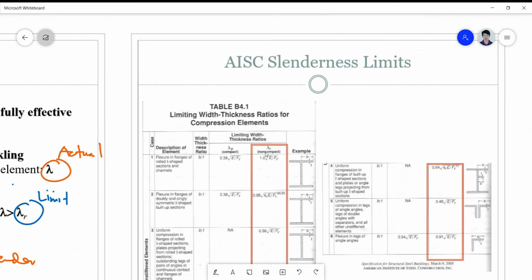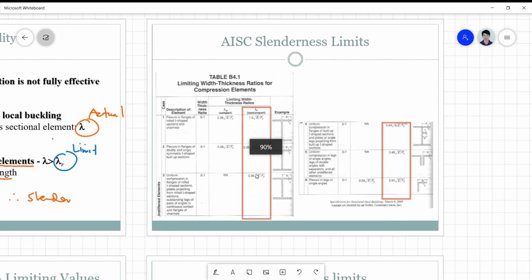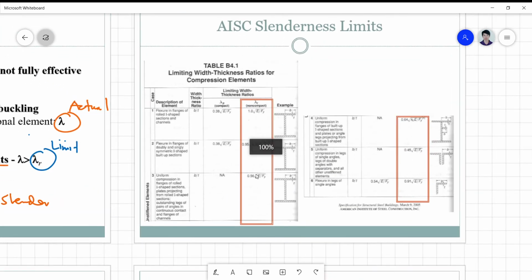So I also have here the AISC slenderness limits, which you can find in your manual. And take a look at this Table B4.1, wherein your lambda r is given by a formula that depends upon the case description of the element.